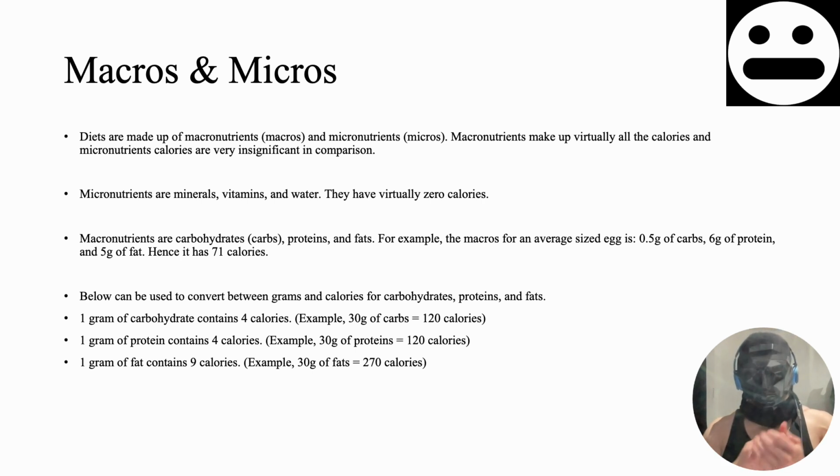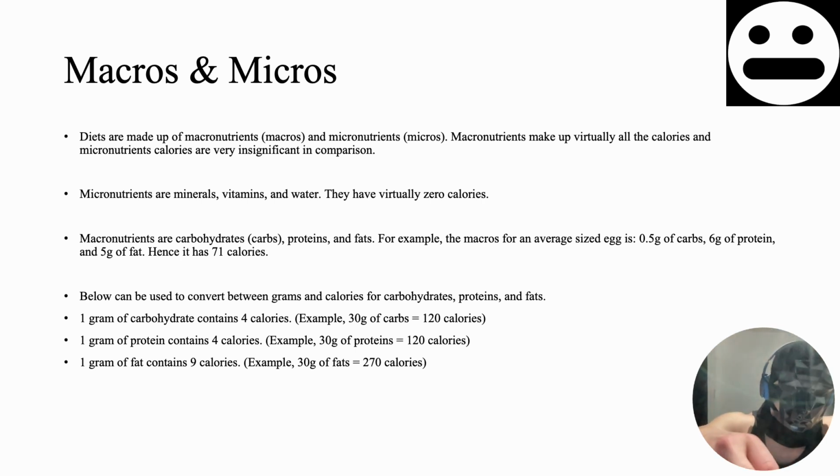Now, macros are 3 things: carbohydrates, aka carbs, proteins, and fats. An example of food being split into macros, let's take an average sized egg, and on average, usually it will have 0.5 grams of carbs, 6 grams of protein, and 5 grams of fat. And all in all, if you do the maths, it will have a total of 71 calories.